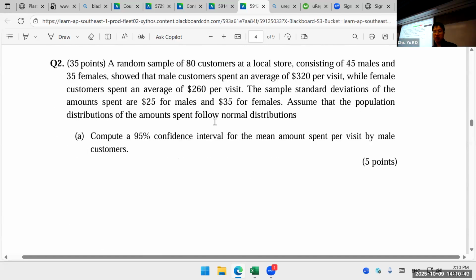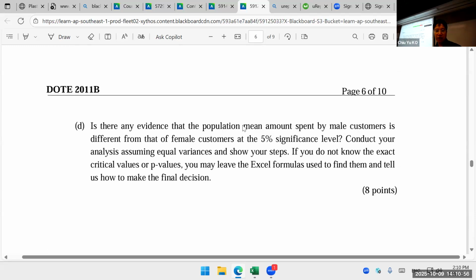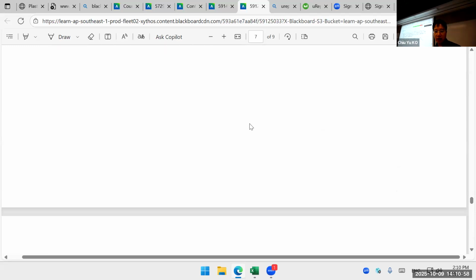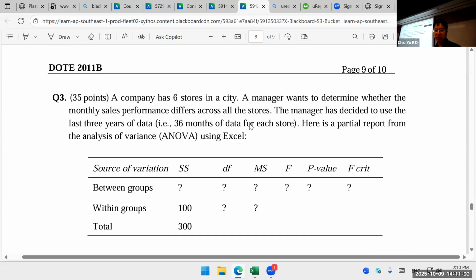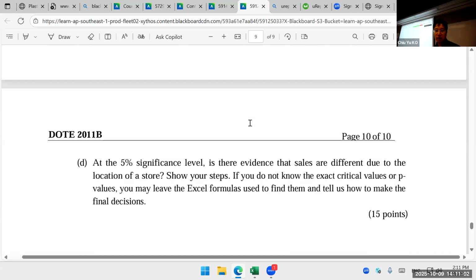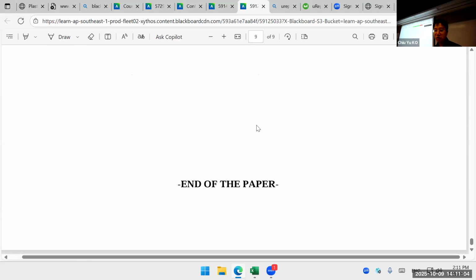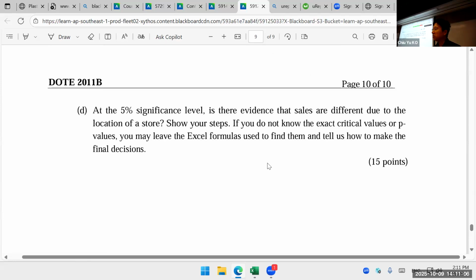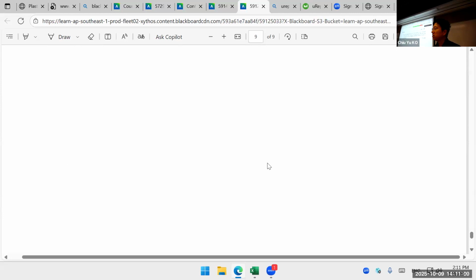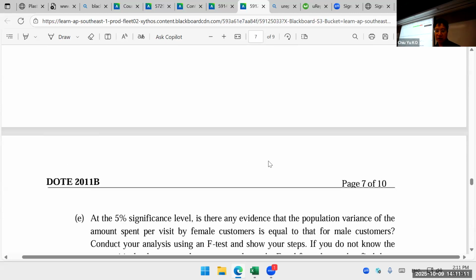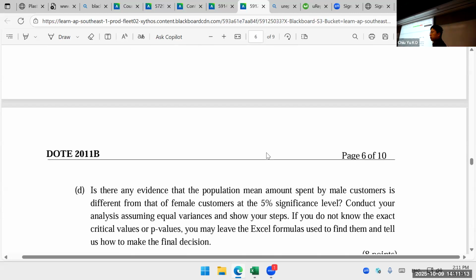Q2 will be something you learn next week, and Q3 will be some ANOVA from the last chapter. That's it, about 10 pages, 1 hour. The questions are not very difficult, but if you don't know the material, it's very difficult.